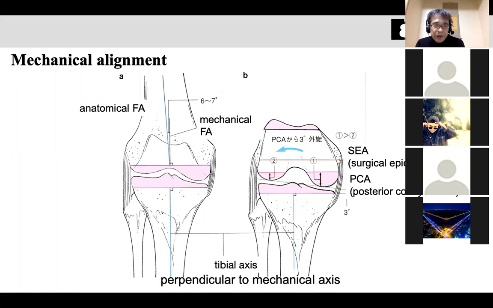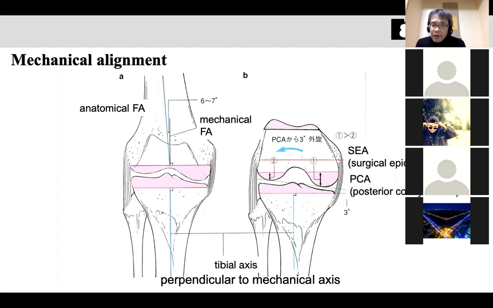The femoral canal is virtually the same as the femoral anatomical axis, but more precisely, the canal axis is a little bit different from the true anatomical axis, because the femoral canal line is the line through the entry point at the distal end of the femur, that is, the insertion of the iron rod.